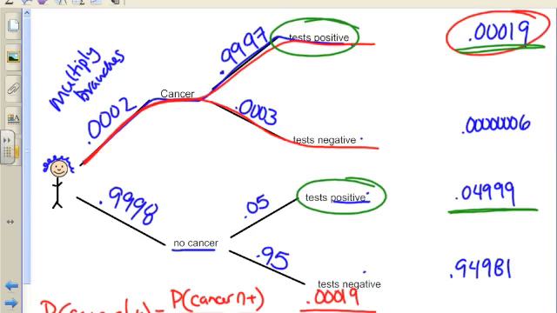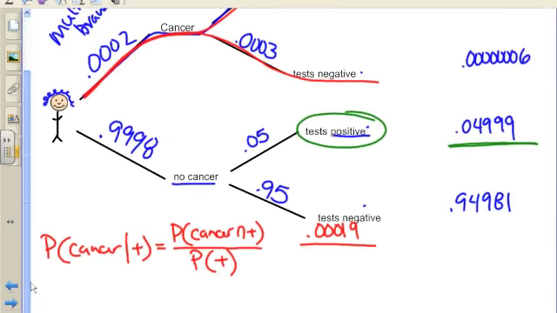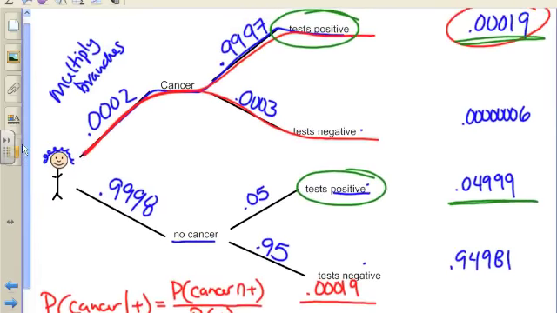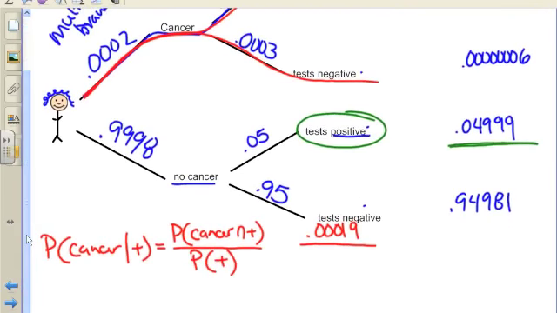You either test positive with cancer or without. Or tells us we're going to add. So let's take that underlined in green, 0.00019. We're going to add, or means add, 0.04999. Now you might want to put parentheses around that on the bottom. Go ahead and type that in your calculator, and let's see what we get.